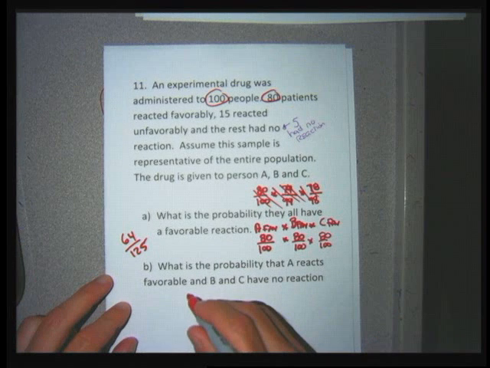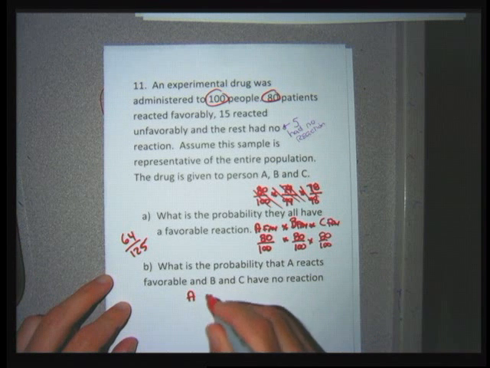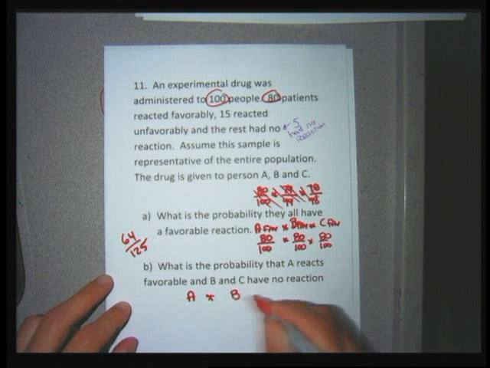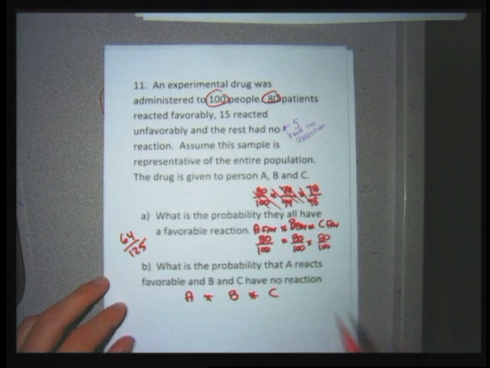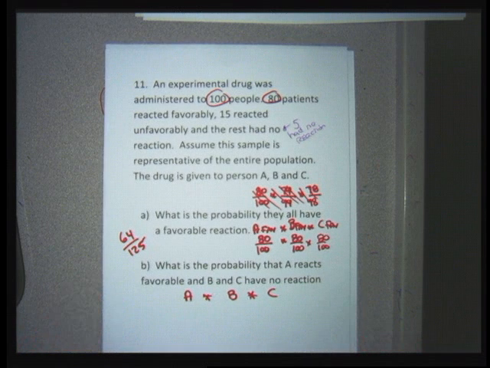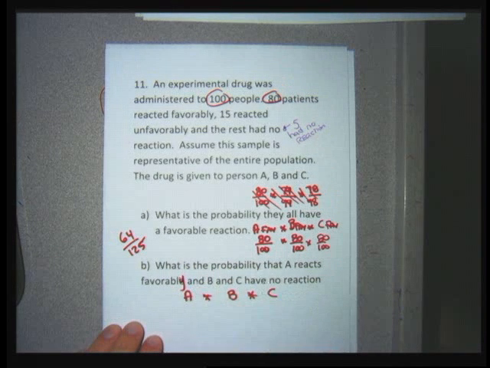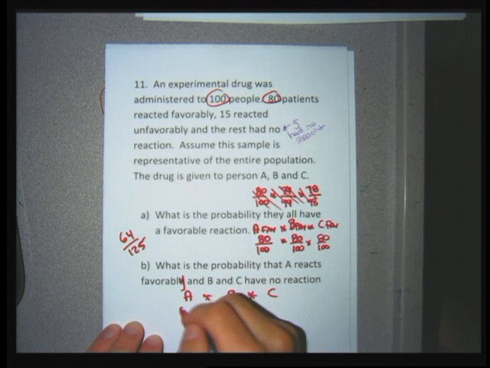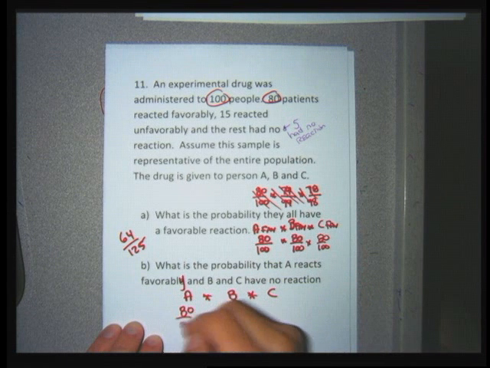So for part B, I'm going to make up 3 fractions again. And the 3 fractions are going to relate to each person and what they need to do. A needs to react favorably, and for A to react favorably, there's 80 of the 100 people that reacted favorably.